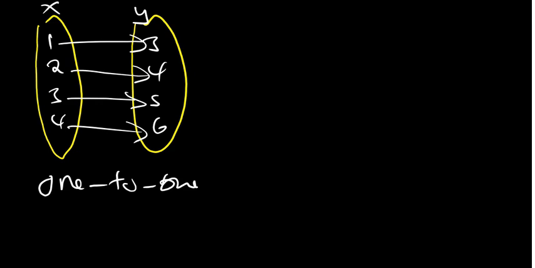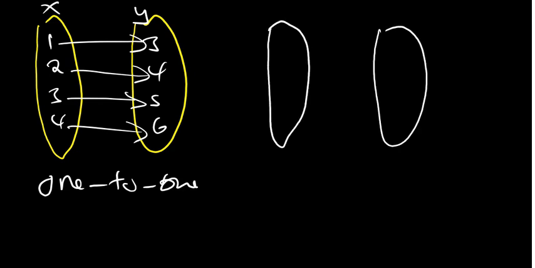Let's have another one. Let's say we have 0, 1, 2, and also -2. This is going to be -2, 0, 1, 2.